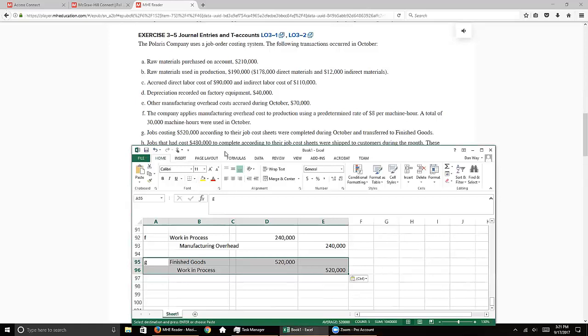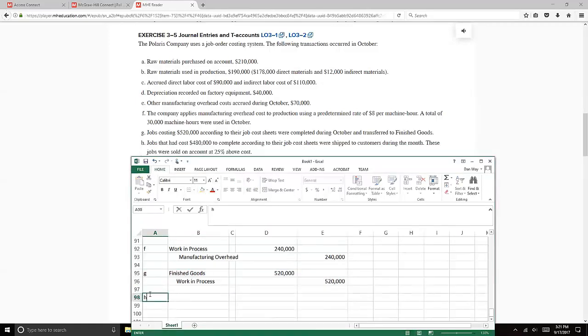And then we have just one more here. Jobs that had cost $480,000 to complete according to their job cost sheets were shipped to customers during the month. These jobs were sold on account at 25% above cost. So we actually have a couple entries to make here. We're selling these things on account, so we need to debit accounts receivable for the sale, and credit our sales revenue account.